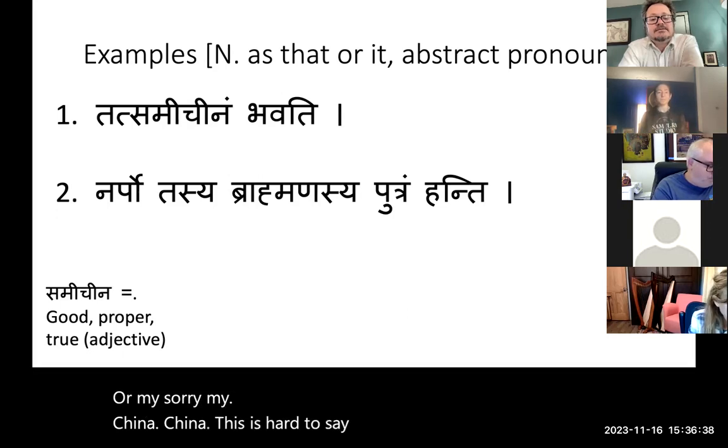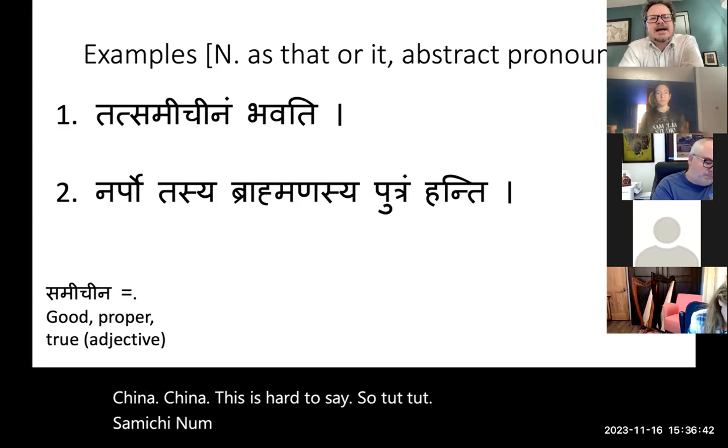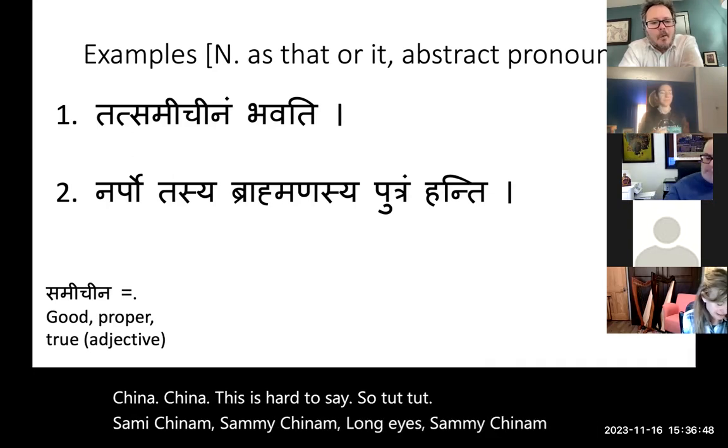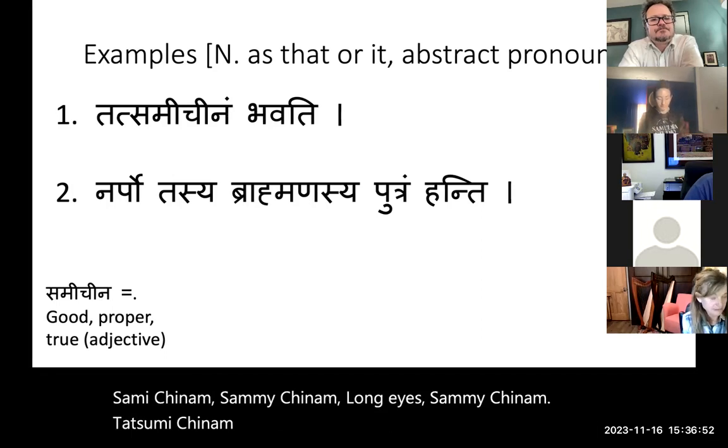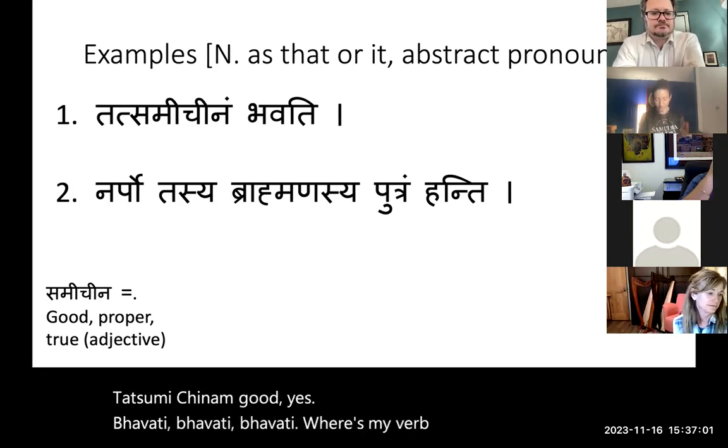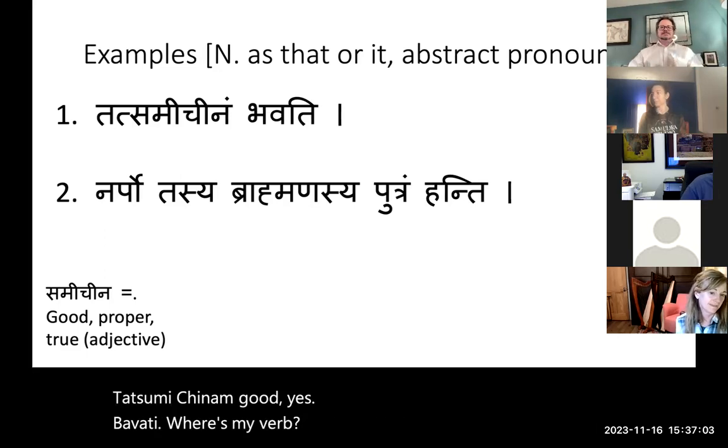Samichinam. Samichinam. Tat samichinam. Good. Yes. Bhavati. Where's my verb? Bhavati. Right. From our Sanskrit root bhu.